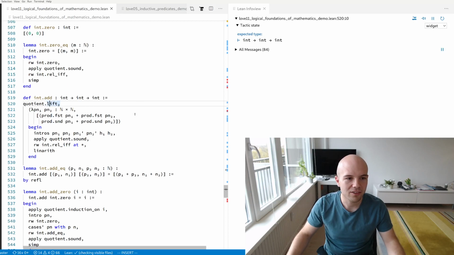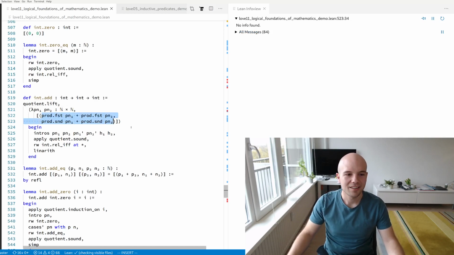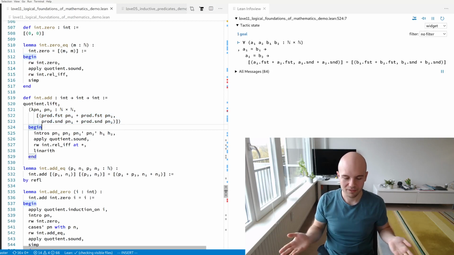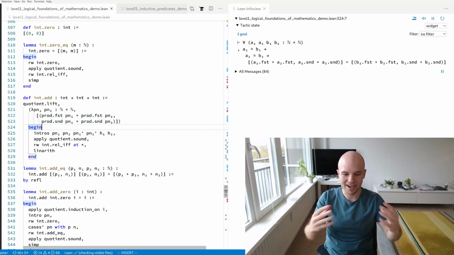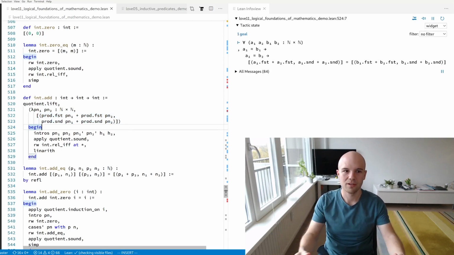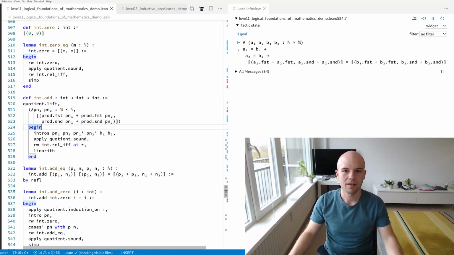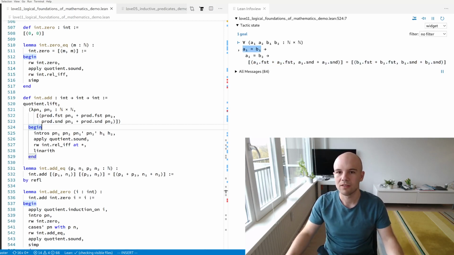Okay, so let's write this down. Yes, so this is probably the one that I've written on the previous slide. So we want to lift this definition on pairs to the quotient. So for this, we need to show that equivalent pairs give equal results. Right, if the pairs are equivalent, then the result should be equal.